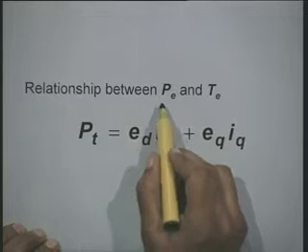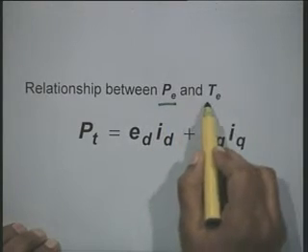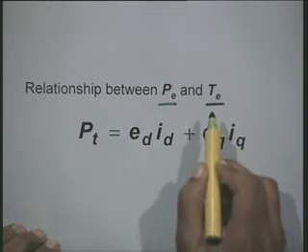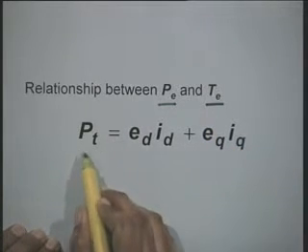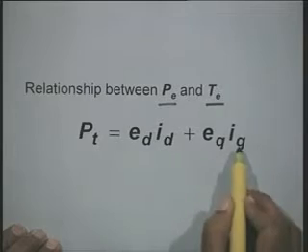Now, with these simplifications we can derive the expression for the electrical power output and electromagnetic torque or air gap torque. You can see that the power output P t is E d I d plus E q I q.